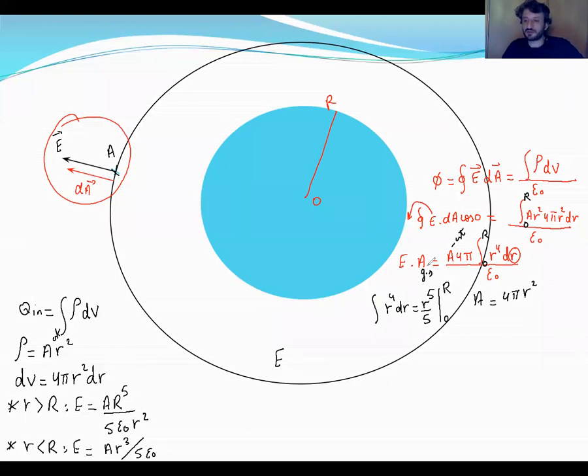We substitute the value of A, we get E times A equals a times 4 pi, the integral of r^5 divided by 5 with the limit between 0 and r, divided by epsilon.